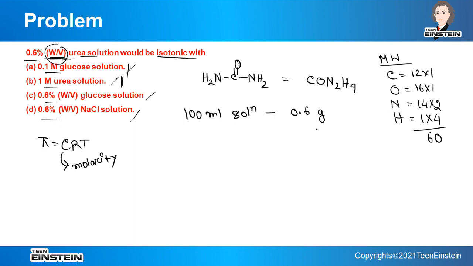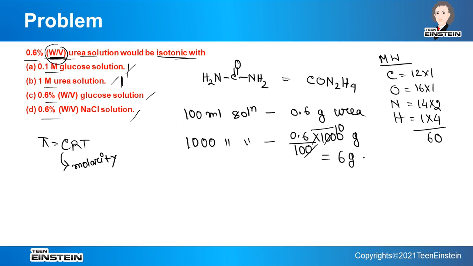Here we are calculating it in terms of gram, but later we can convert it to moles. So 100 ml solution contains 0.6 gram urea, so 1000 ml solution will contain, it is actually 6, but the calculation will be like this. So it is 6 gram.